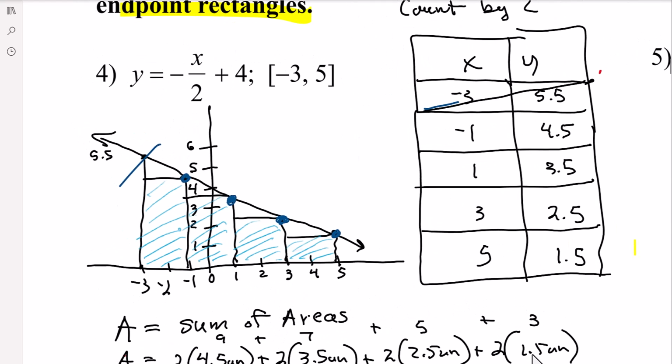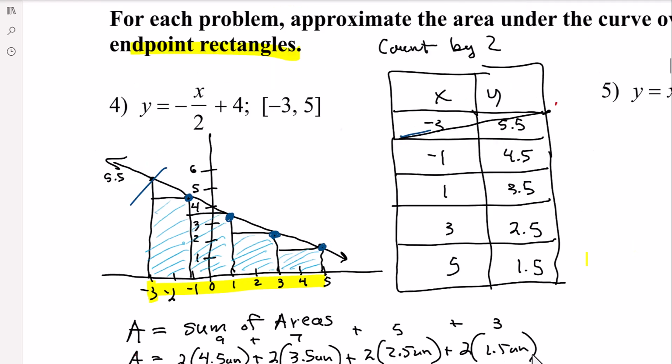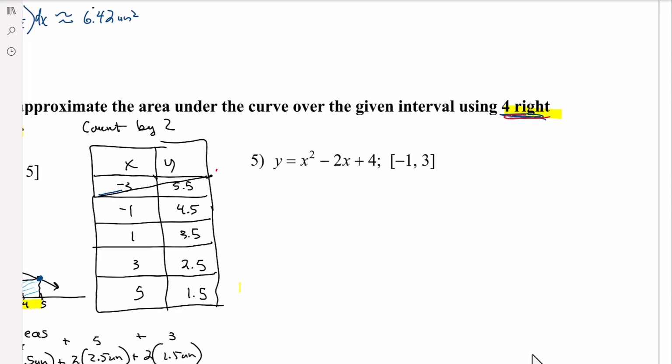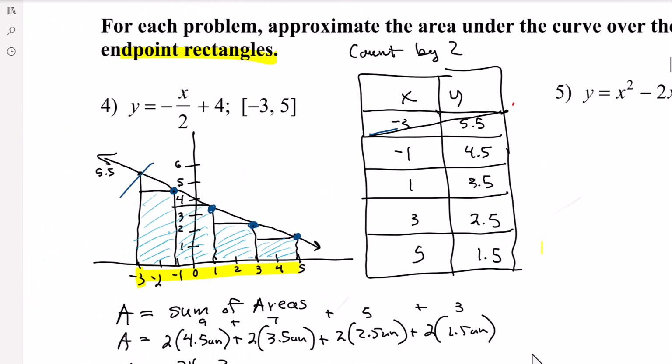So here I have this function, y is equal to negative x over 2 plus 4. So just a line going in the down direction. And what we care about is from negative 3 to positive 5. And we're counting, it says 4. Well, that's 8 spaces.